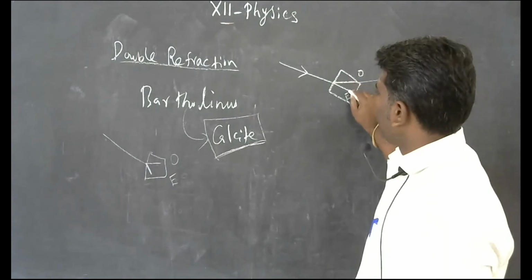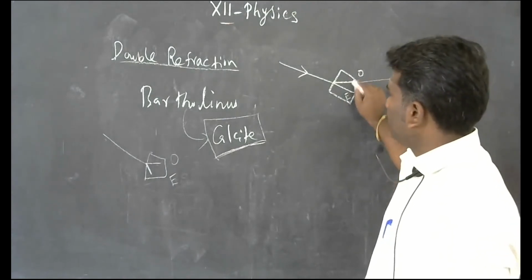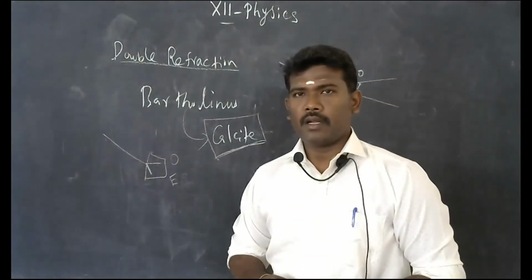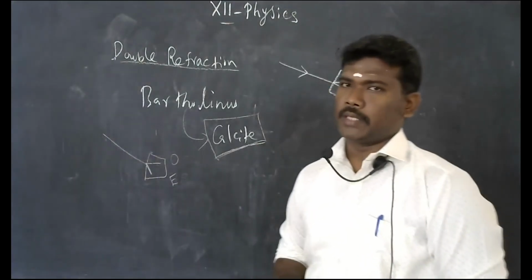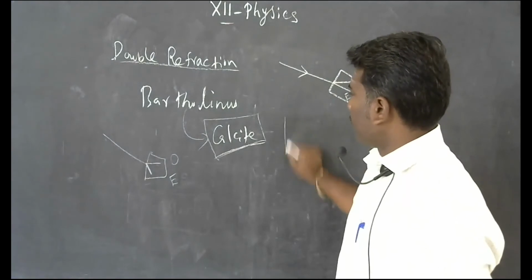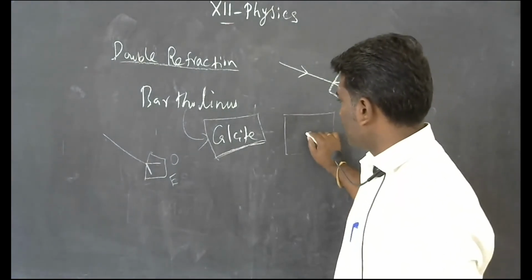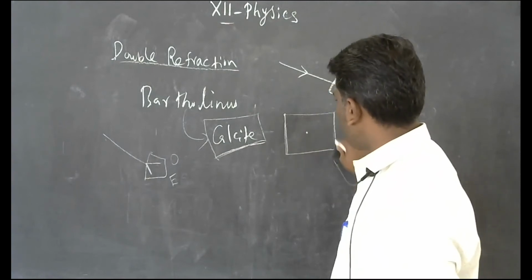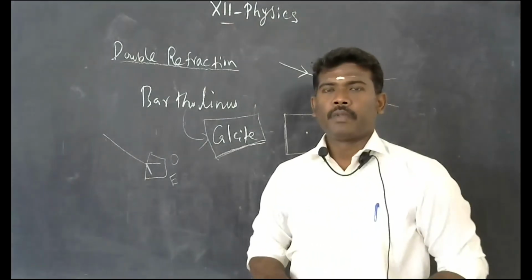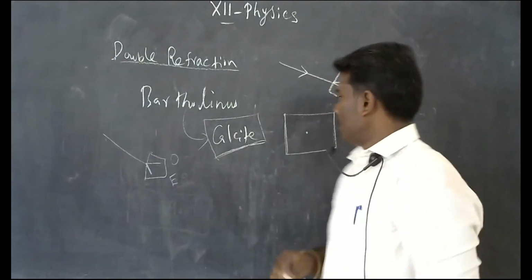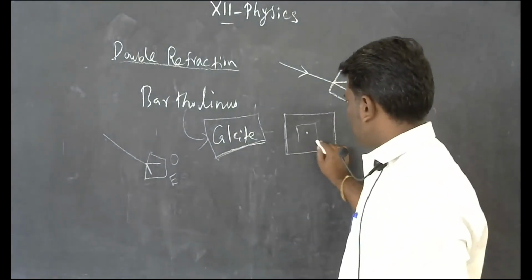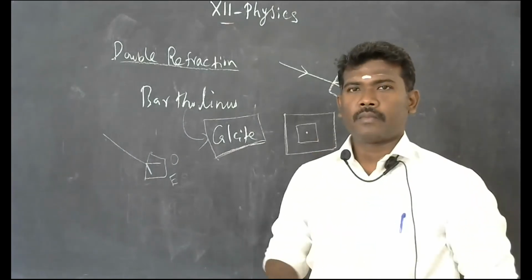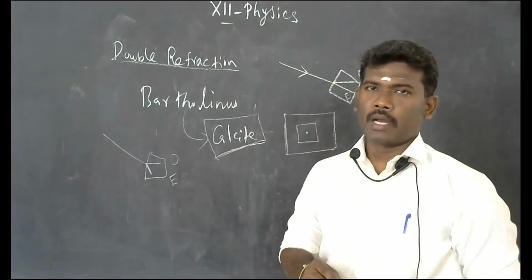So there are two different divisions inside the crystal. It is clearly explained with the help of one more experiment. If you take one white sheet, in the white sheet you mark one point with the help of a pen, an ink point. And now we fix the calcite crystal above the dot mark.